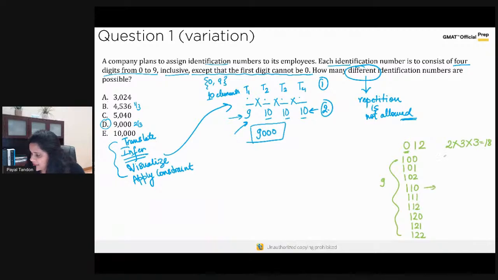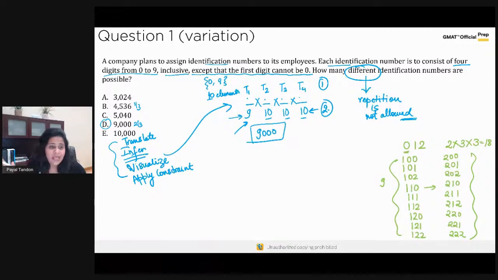I can create similar cases here with 2 in the first place. And when you're getting your concept solidified, it's very important to work this out on your own so that you understand what is happening over here. Okay, all of these are unique identification numbers. Look at this, there is repetition.